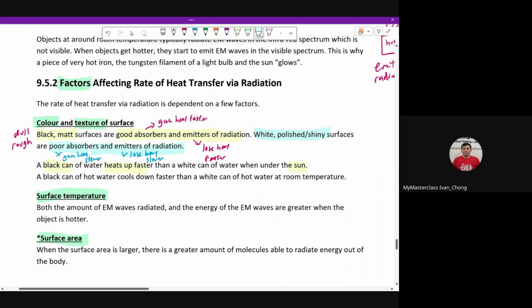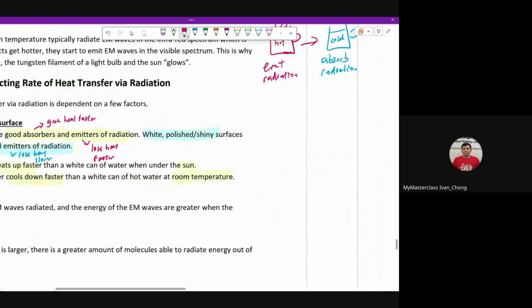Then your black can, similarly, will cool down faster because it loses heat faster when it is at room temperature. So it all depends: ask yourself, is my object, the black can, hotter than the surroundings or colder than the surroundings? Because normally if you are cold, you are gaining heat. If you are hot, you are losing heat. Okay, so do take note of all of this.